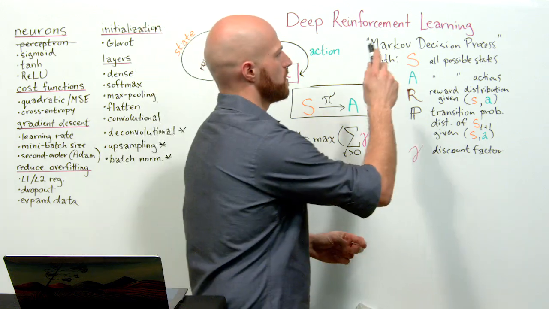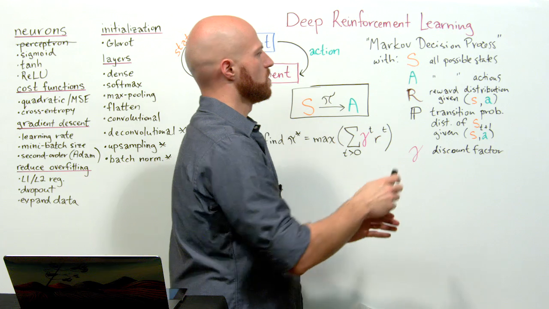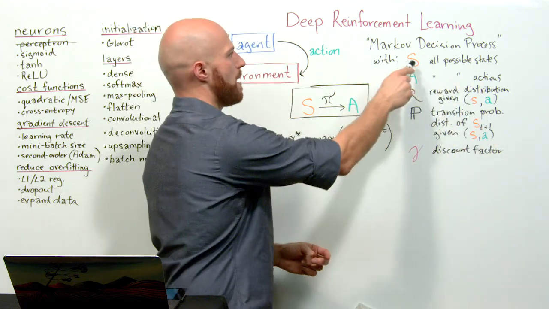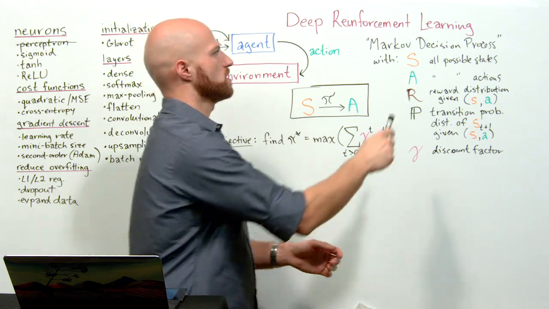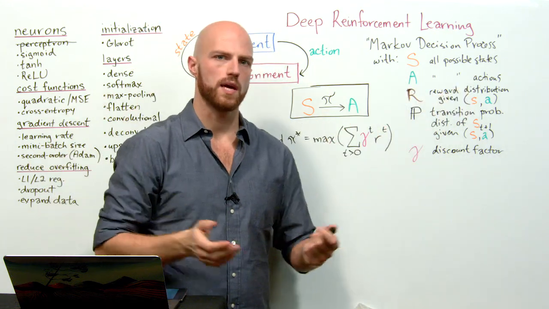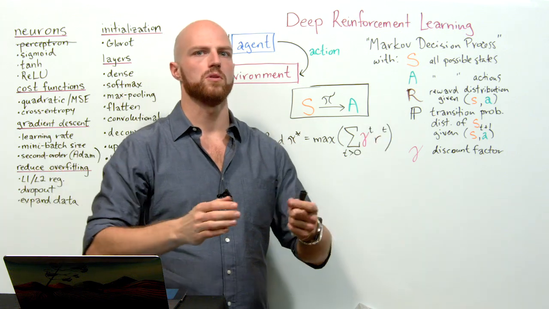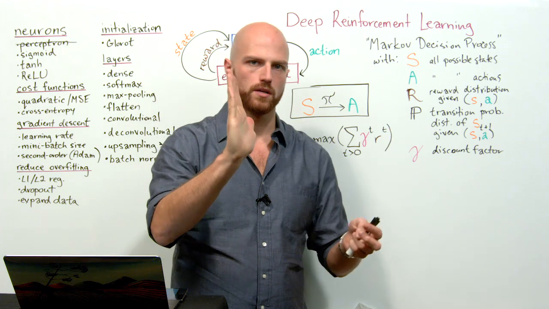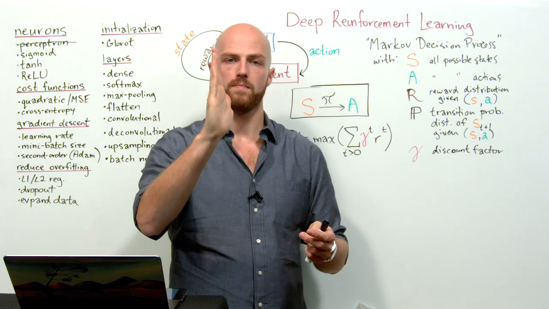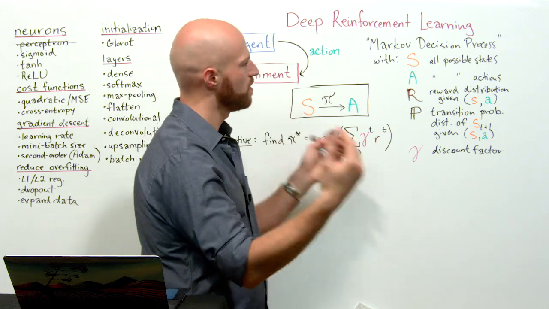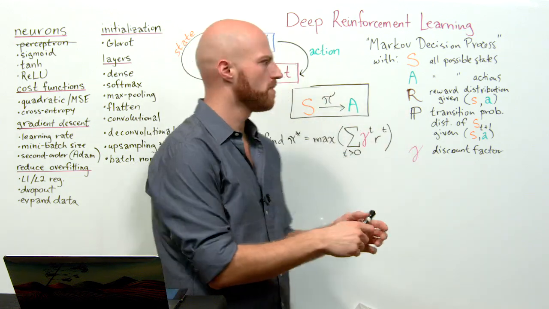Within our Markov decision process, we have this set of information. This capital S represents all of the possible states. In the cart pole game, this is all of the possible cart locations, cart velocities, pole angles, and pole angular velocities.